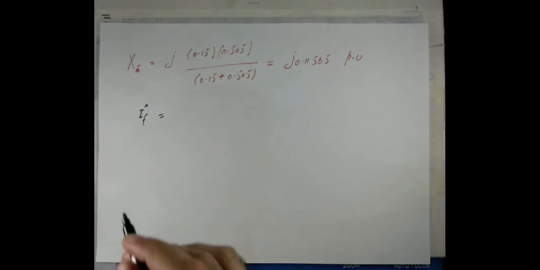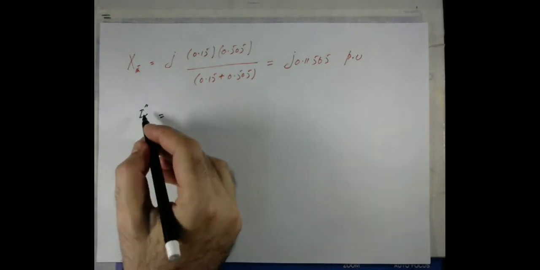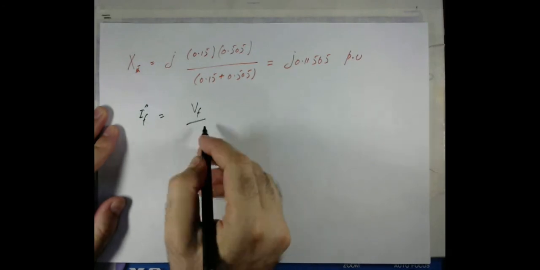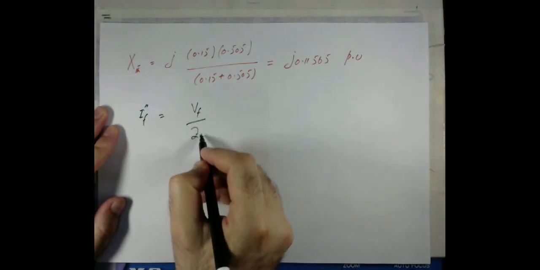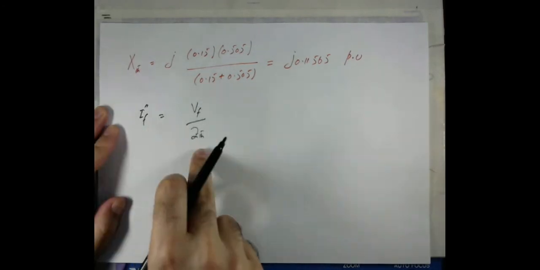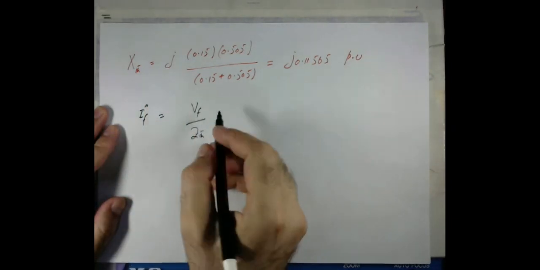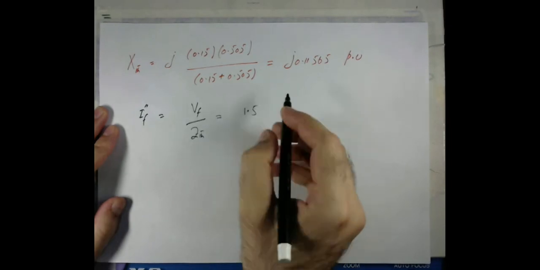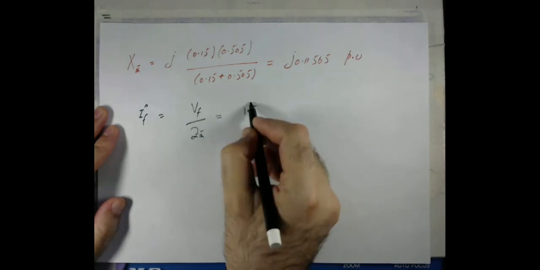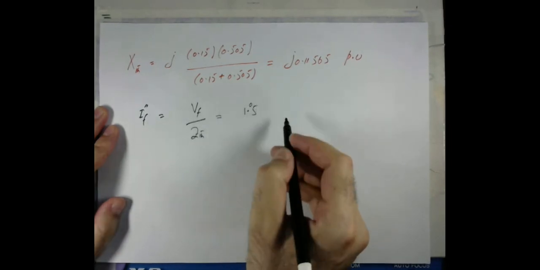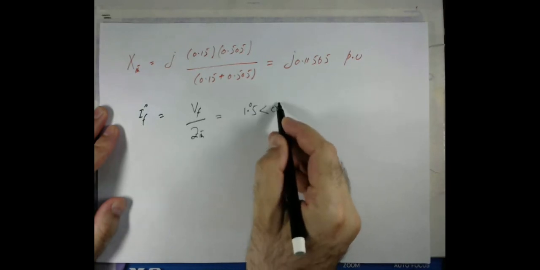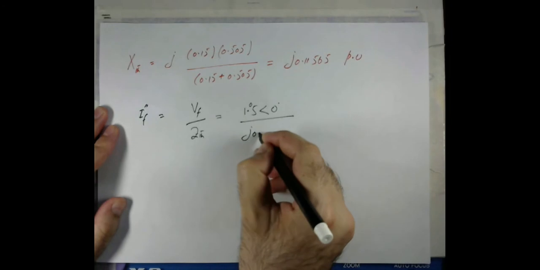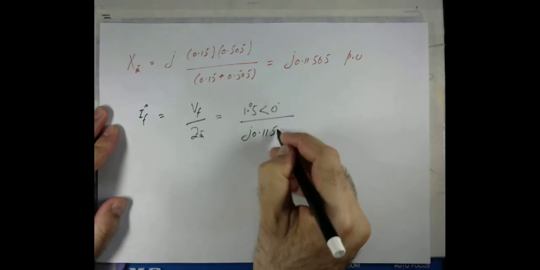We represent it with this notation, IF double prime, and that will be equal to VF over ZTH, or this is the same as XTH because it only has an imaginary component. So 1.05 with an angle of 0 divided by J 0.11565.